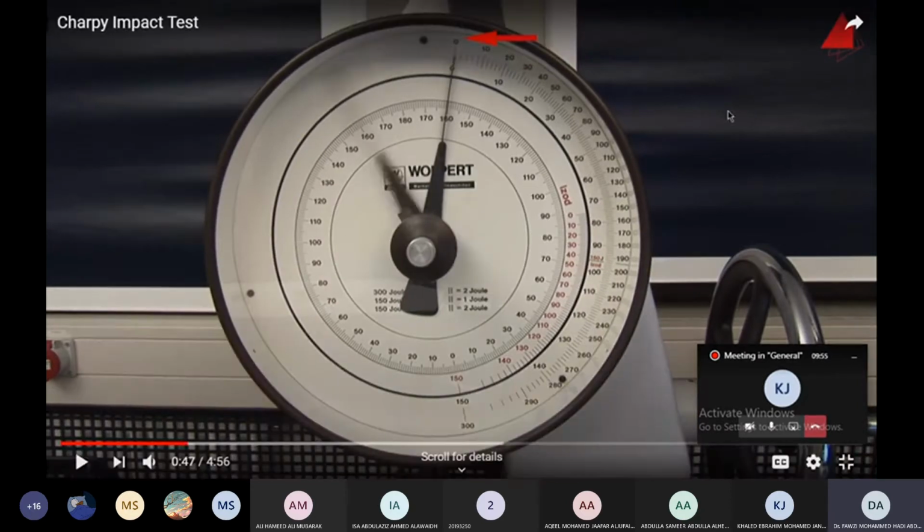The first thing that is done here is to check, because when you do the impact test, the machine itself could be old, for example, or the oil is not put well. The recording of the impact test depends on the energy of the hammer.